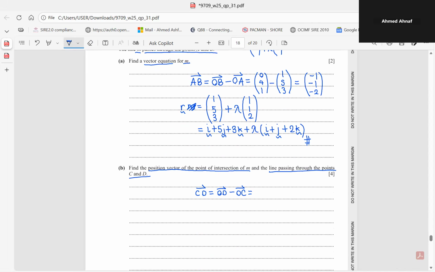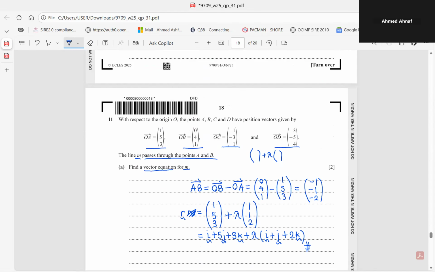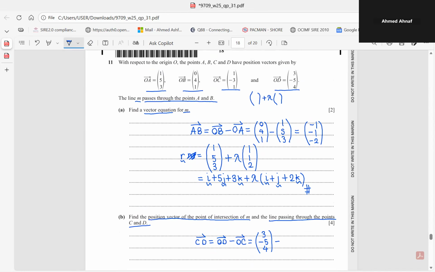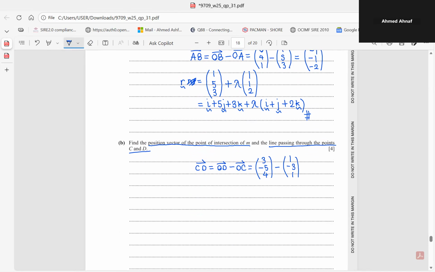So OD is 3, -5, 4, minus OC, which is 1, -3, and 1. So 3 minus 1 is 2, -5 minus -3 is -2. 4 minus 1 is 3. Yeah, so this is CD.